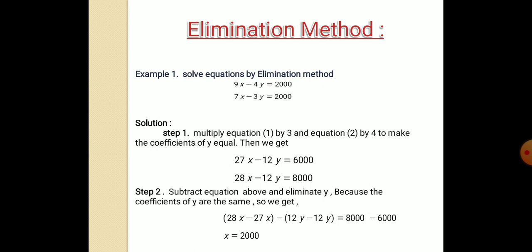So 27x minus 12y equal to 6000 and 28x minus 12y equal to 8000. Subtract the equations to eliminate y. Because the coefficients of y are the same, we get 28x minus 27x minus 12y plus 12y equal to 8000 minus 6000. Therefore x equal to 2000.